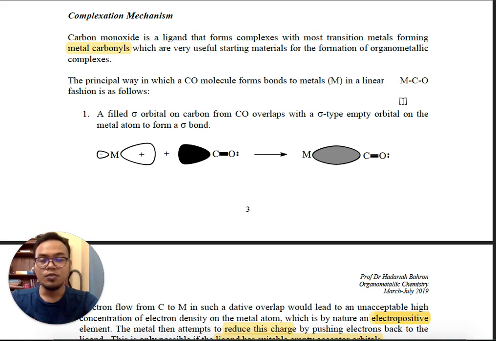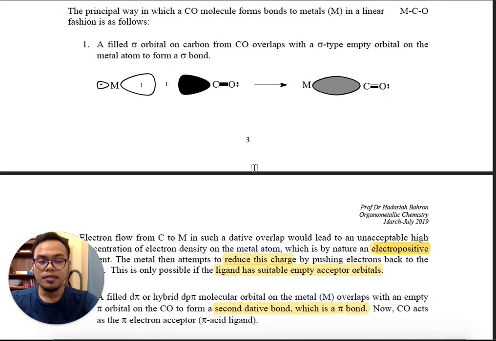Carbon monoxide is a good ligand because it can form metal complexes with many transition metals. So I put it as M here. Now you have to recall again the molecular orbitals that I showed you slightly earlier. From that diagram, we understood that there are LUMO and HOMO. These are the things that we are going to discuss in detail here.